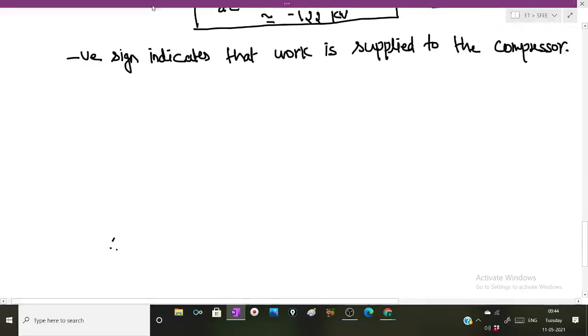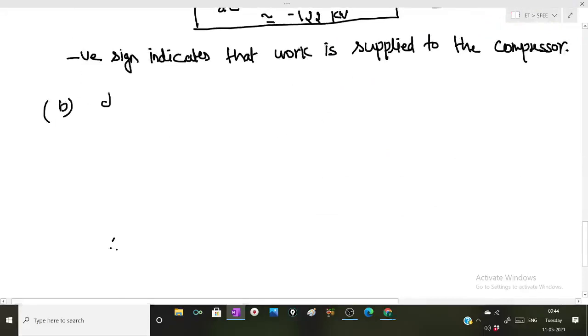Then point number B, d1 upon d2. So let's say the inlet and outlet of this compressor are of circular cross section having diameters d1 and d2.